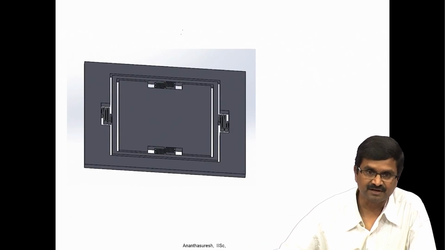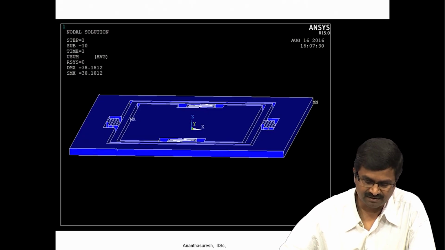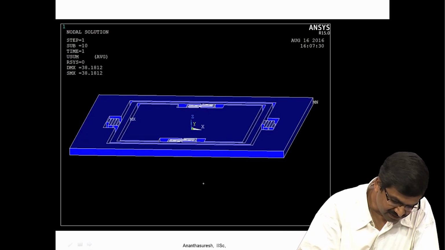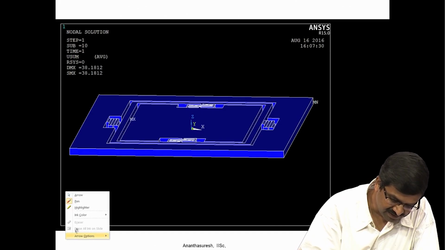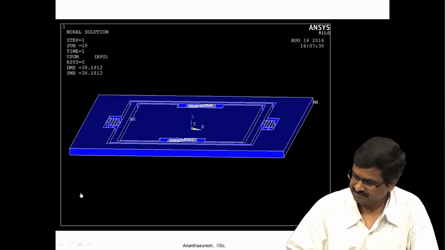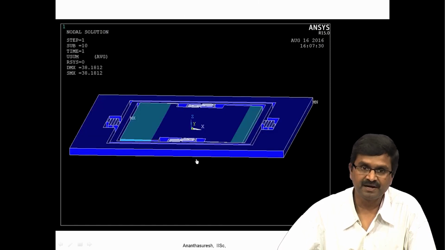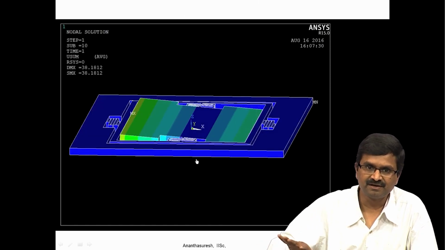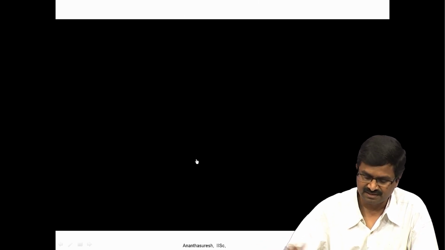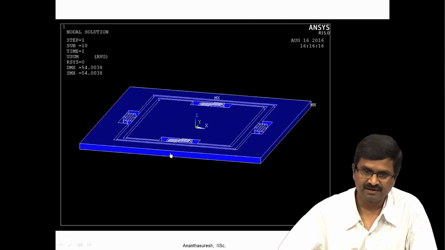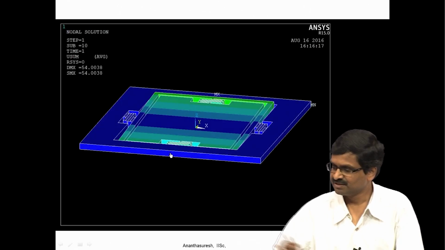So, here it is just another view of that, but you can look at the animation here, finite element simulation. So, basically it is a plate that rotates. Now, you can see the tilting of the plate about one axis, and here you can see the tilting about the other axis. So, let us look at a real device that is there now.